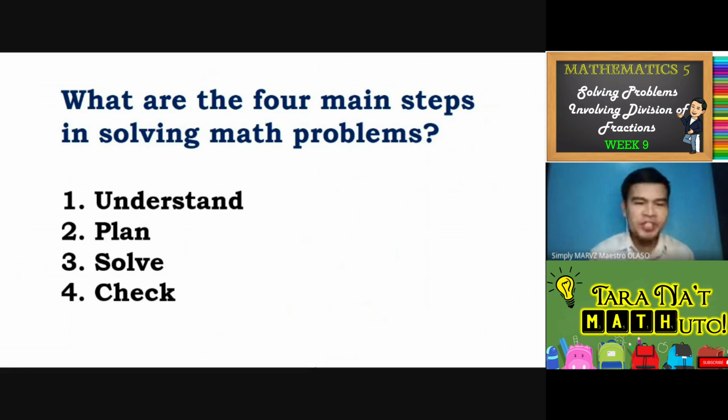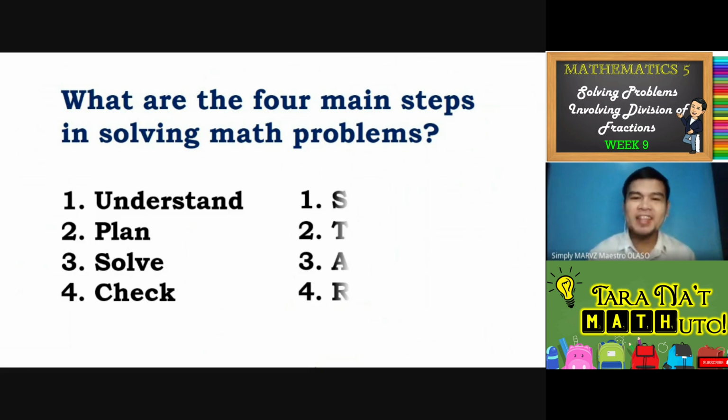The third step is to solve. Now, after planning, you have to execute now your plan by solving and showing your solution. And the fourth one is check, meaning you have to look back and review your solution, review your answer, or you can use another method in checking so that you compare your answer. If your answers for the second method are the same, it means that your answer is correct.